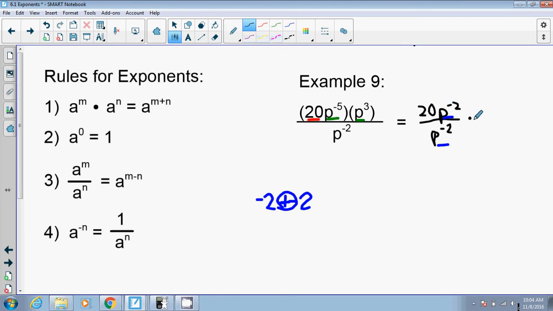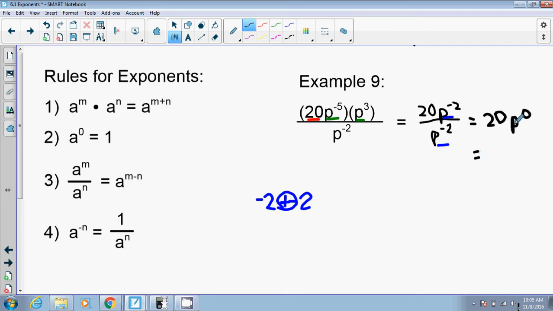So in my solution here, I have 20 p to the 0 power. Again, please don't forget all these rules of exponents. Any value raised to the 0 power becomes 1. And the only value that's raised to the 0 power here is p.